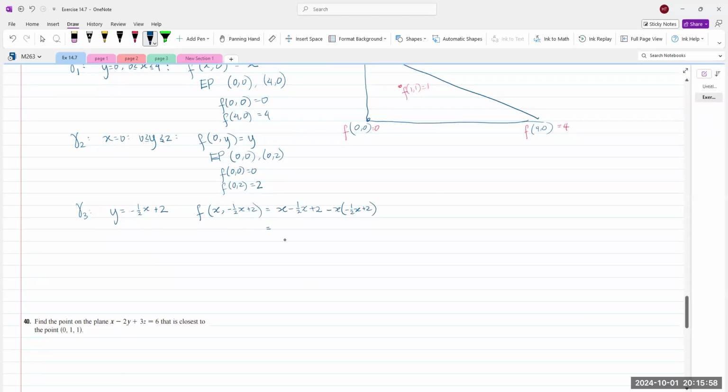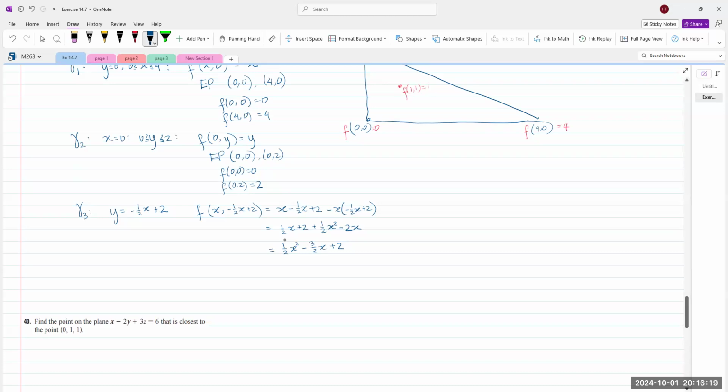And simplify, we get 1/2 x plus 2 plus 1/2 x squared minus 2x. That is 1/2 x squared minus 3/2 x plus 2.